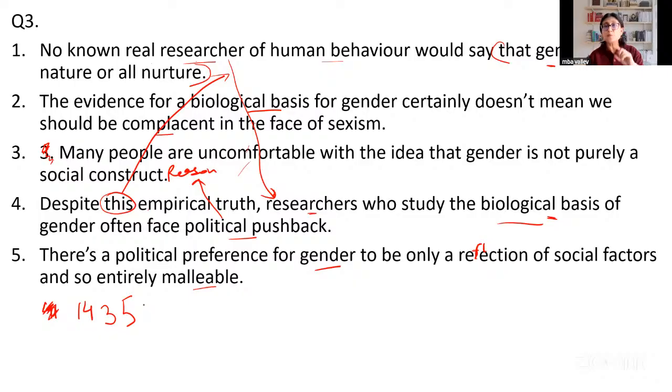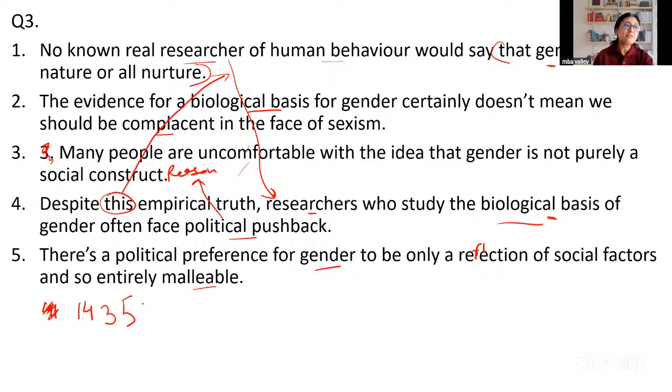देखो हम अभी भी उस political pushback की बात कर रहे हैं, हम social construct की बात कर रहे हैं. Look at the beautiful thought consistency in this paragraph. Sentence number 5 says there's a political preference for gender to be only a reflection of social factors and so entirely malleable.